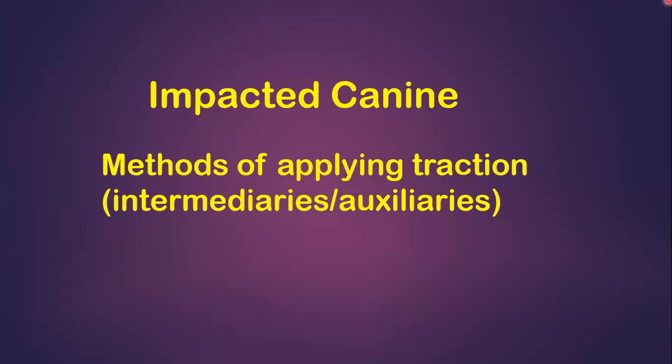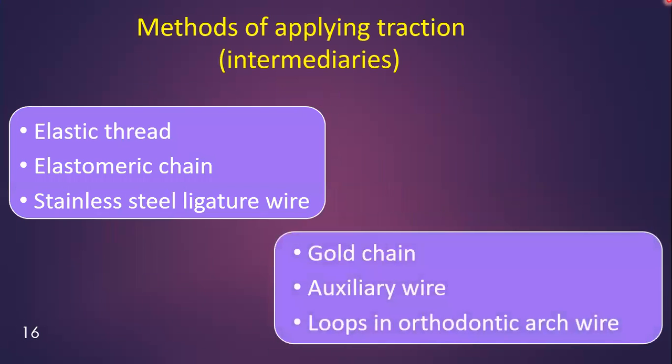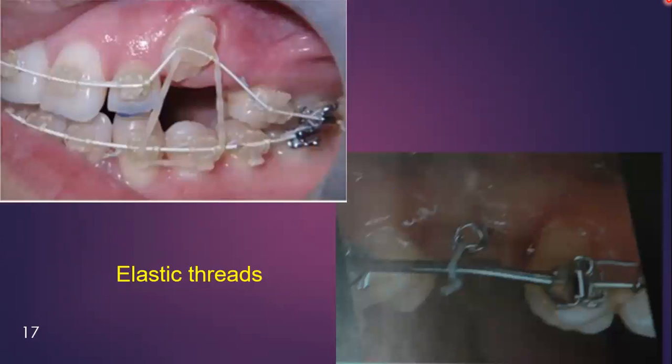Now comes the methods of applying traction, or you can say intermediary or auxiliaries. Those most commonly used are elastic thread, elastomeric chain, stainless steel wires, gold chain, auxiliary wire, loops, and orthodontic arch wire. Here you can see elastic threads.